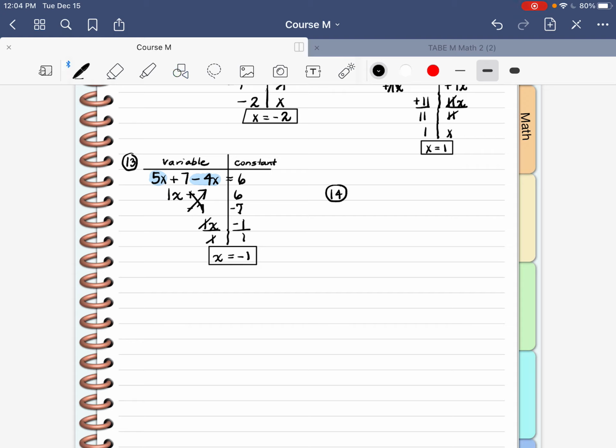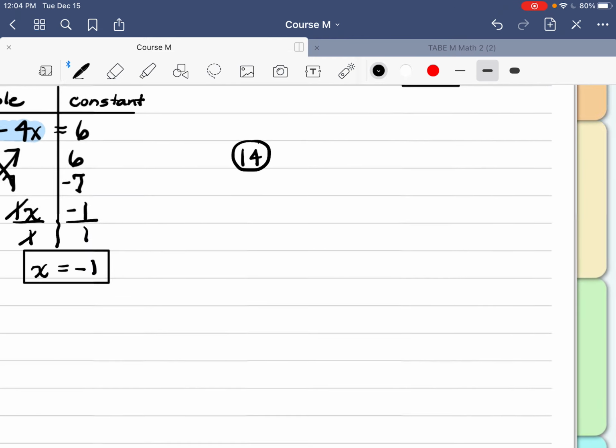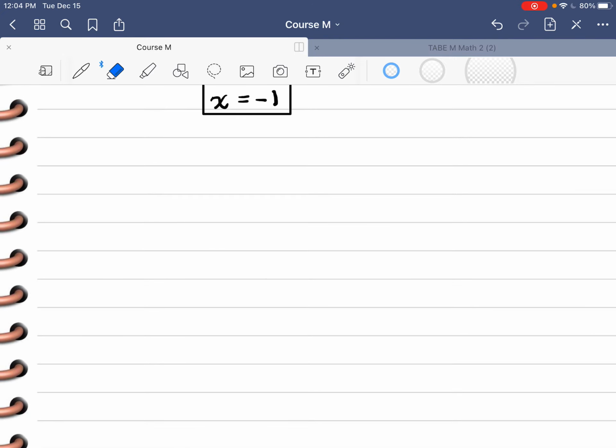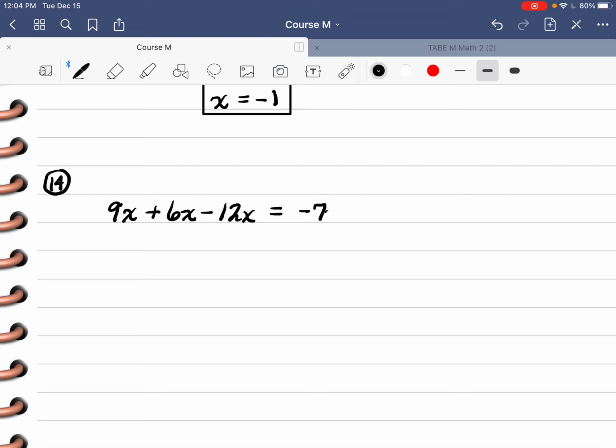Okay, number 14. Oh, number 14 won't fit in there, will it? My goodness, what a problem. So I have 9x plus 6x minus 12x equals negative 7x plus 2x minus 12 plus 5x.